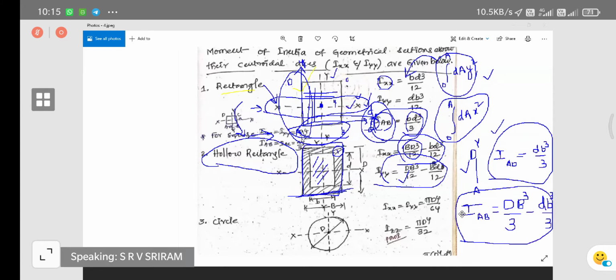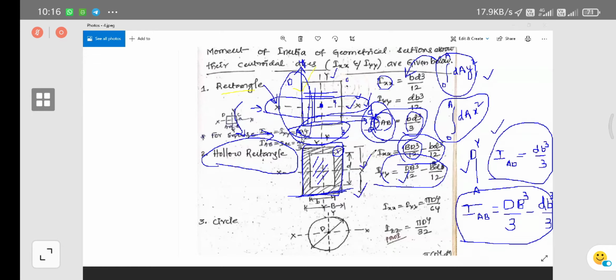So like this, no worries, you only have to see about which axis they are going to ask in the problem, and based on that you have to find the moment of inertia. The axis is very, very important, whether they give the base axis or ask for the moment of inertia about the central axis of that particular figure.